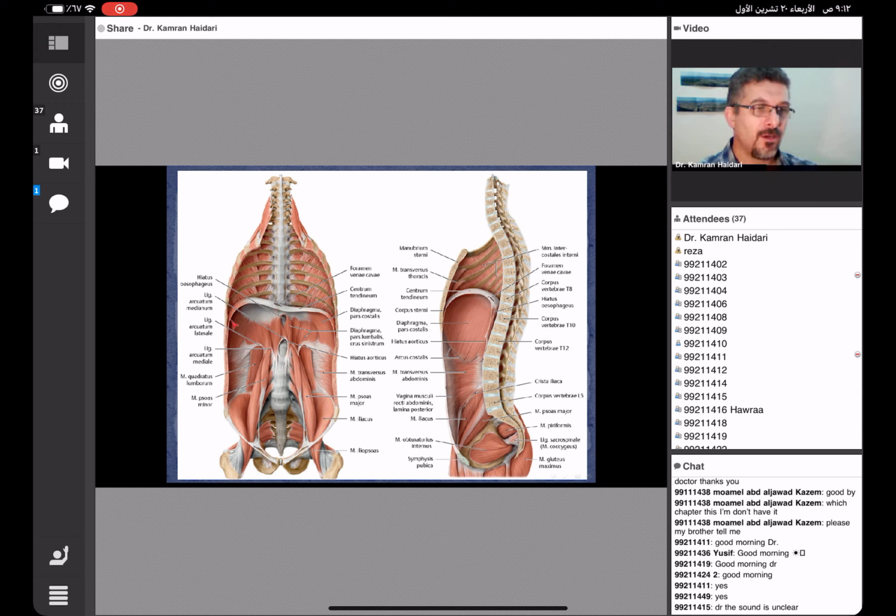As you see in this picture, the right dome is higher than the left one because of the placement of the right lobe of the liver.